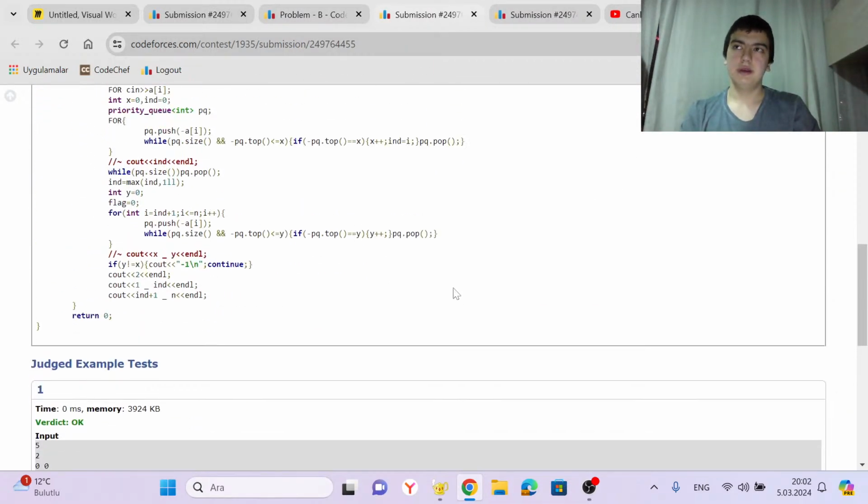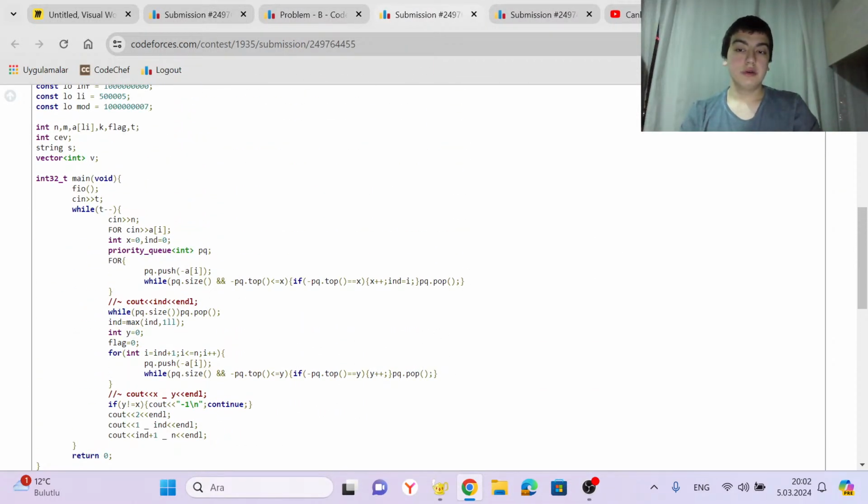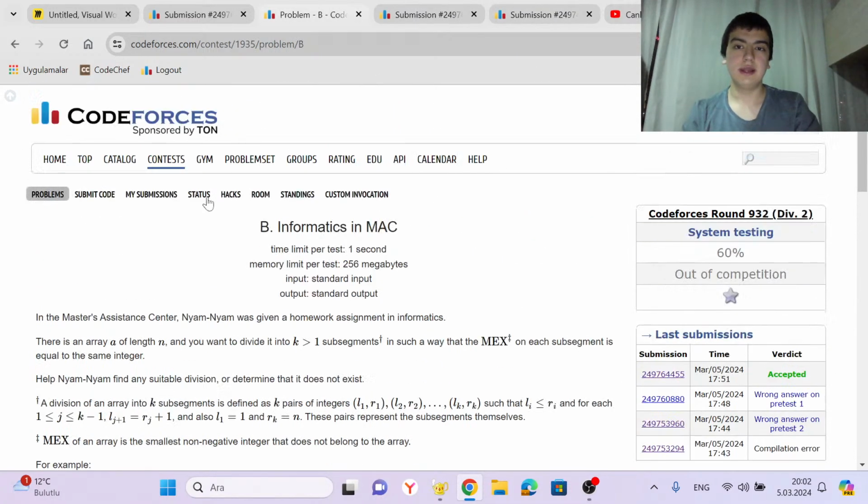Let me think. You can sort the array. You can create another array, let's say B. You can sort the array B, and after sorting the array B, you can find the max from the sorted array. Finding the max from a sorted array is quite easy, I think.